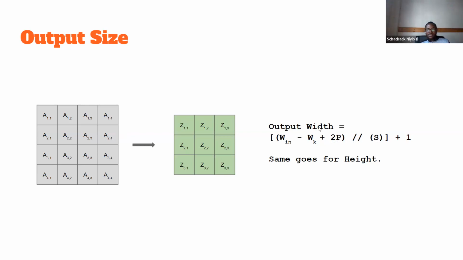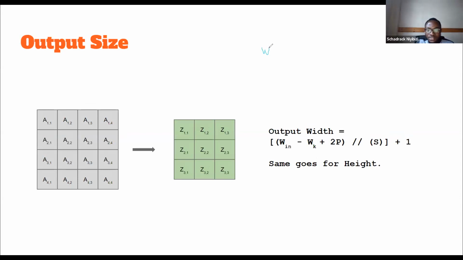The stride. Let me see if I can write. The width minus the kernel plus 2p, divided by the stride, then plus 1.